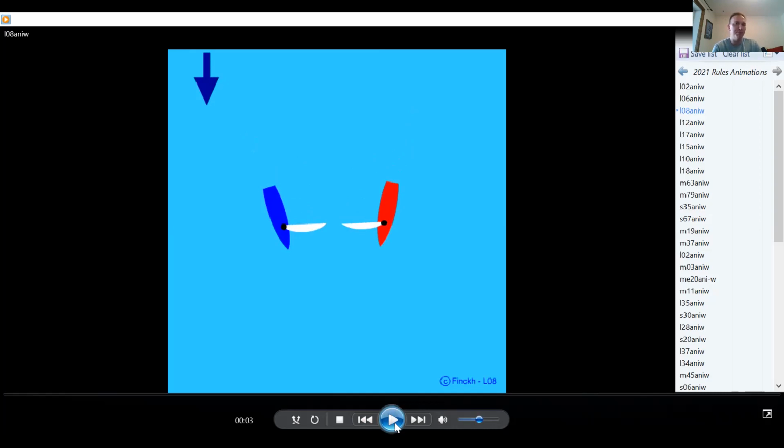So is blue on starboard? And is red on port or starboard? So red is on port and blue is on starboard. So going downwind, red needs to keep clear because blue is on starboard.